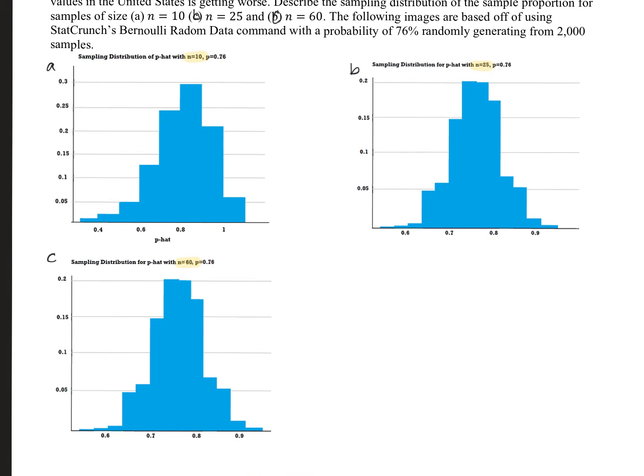As we look at these graphs, if I tried to draw the normal curve on these, the one that ends up fitting the normal curve the best is actually the one with a higher sample size. So we're going to go ahead and work with this idea that as the sample size gets larger and larger, it's easier to get something that is closer to the normal curve.